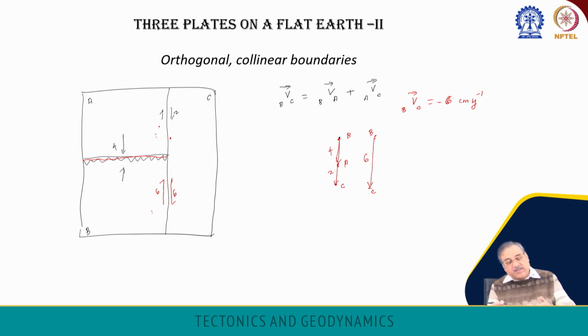Now, how would this situation change with time? So every year, something is happening. What happens to the position of the AB boundary? Will the observer the next year observe the AB boundary at exactly the same position, or will the position of the AB boundary change with time? So for this, it is necessary for us to know what is the relative velocity of a plate boundary. We've talked about the relative velocity of plates, but what we need to understand also is the relative velocity of the plate boundary.